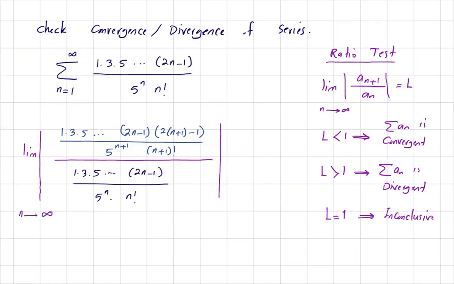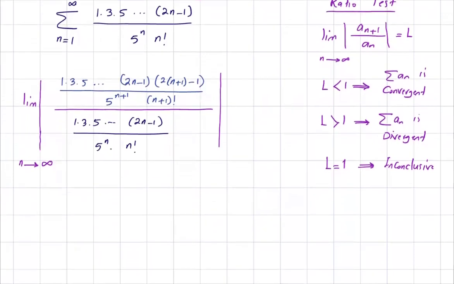Very good. So let us simplify this as much as we can. At this moment, you can cancel out 1 times 3 times 5 ... 2n minus 1 in the numerator and denominator. We can simplify this right away.